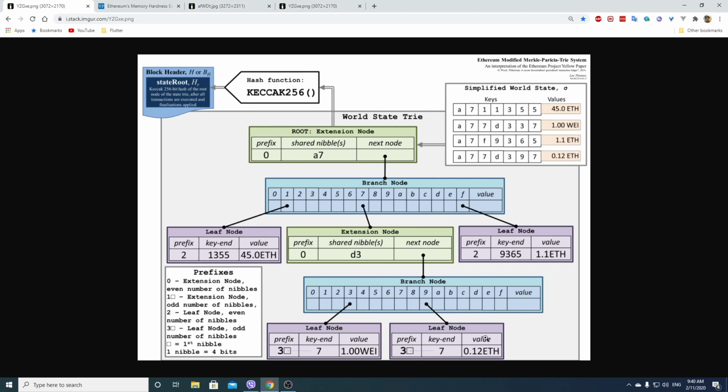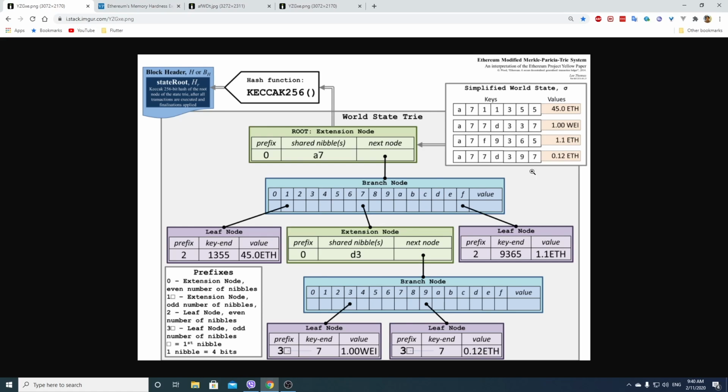And likewise, if you want to prove that nobody tampered with this guy, you can reconstruct the path. So I'm giving 012 and I want to prove to you that 012 is the real value of that particular leaf. So in our world, I want to know the account balance of A77D397.